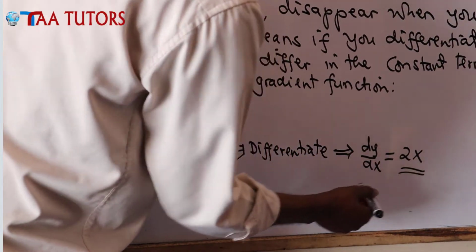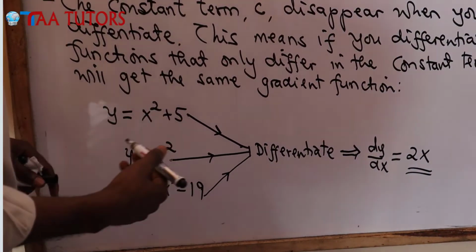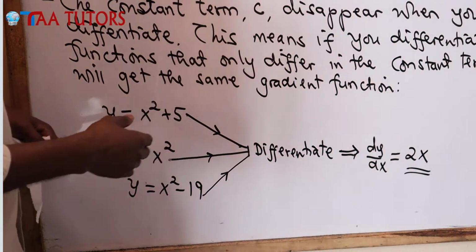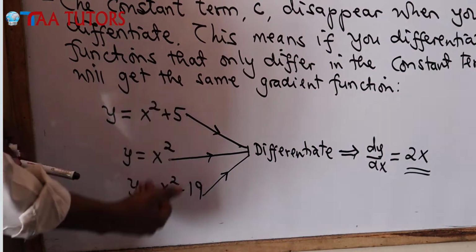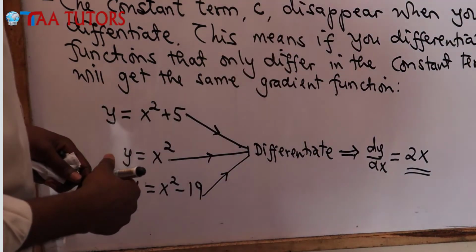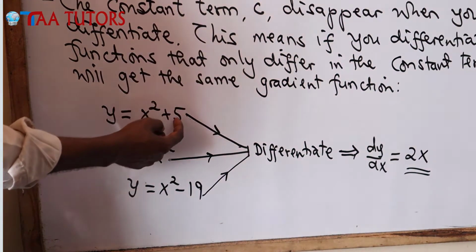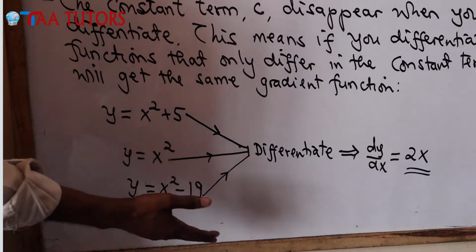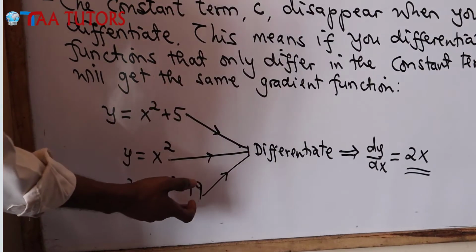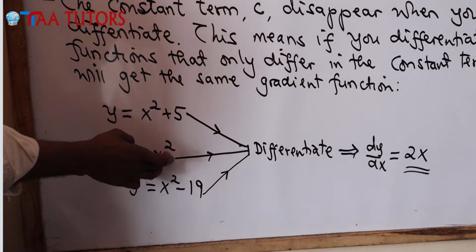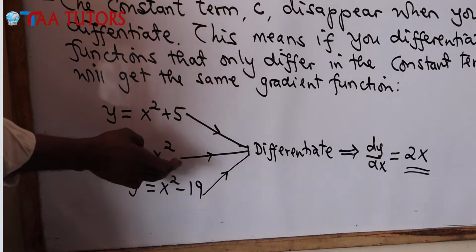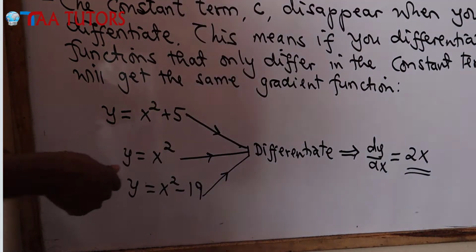You realize that it's kind of confusing to believe that all these functions have the same gradient function, but that is because the derivative of the constant is 0. Derivative of 5 is 0, derivative of negative 19 is 0. Here there was no constant, and dy/dx of 0 is still 0.